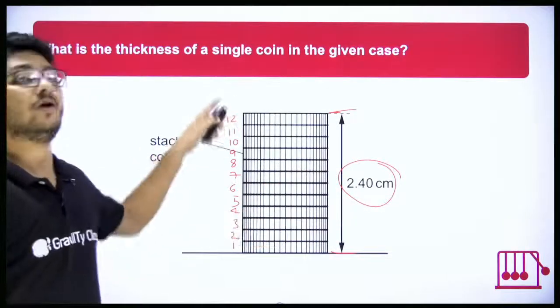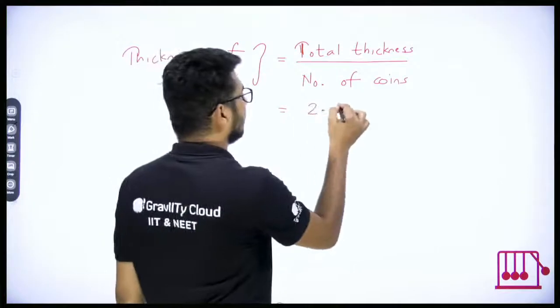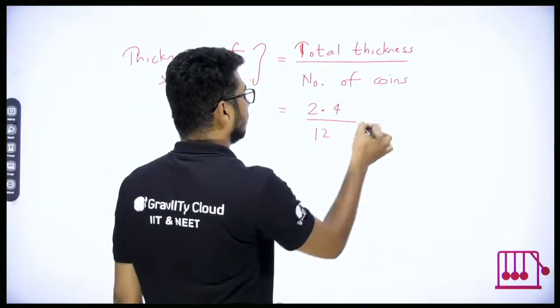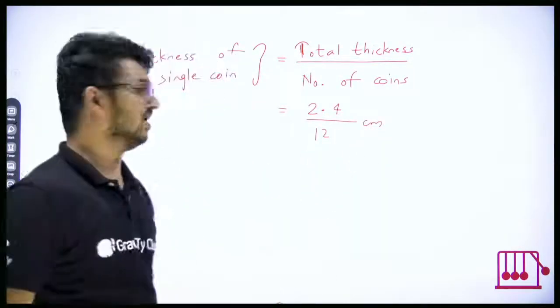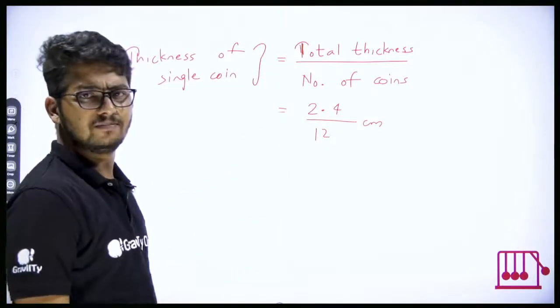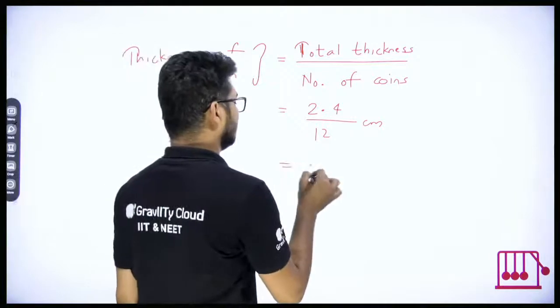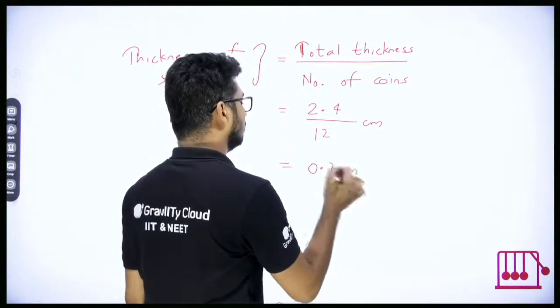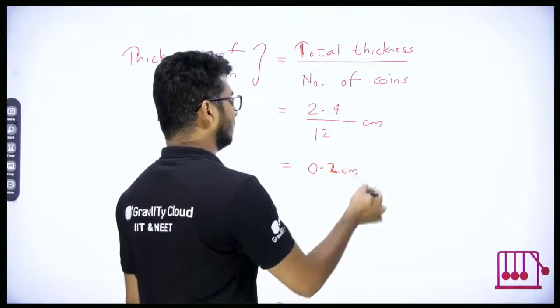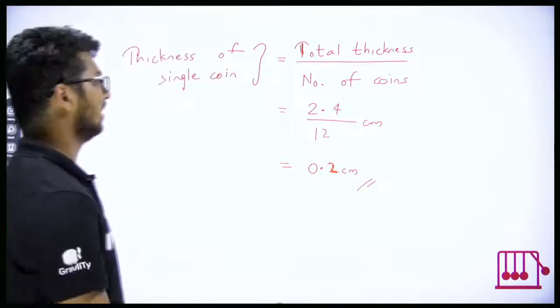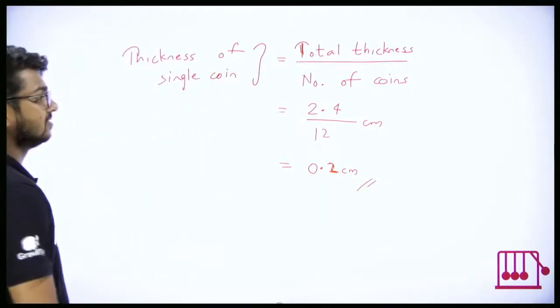What are the total number of coins? 12. So 2.4 centimeter upon 12. That's it. If you do the calculation, you'll get the answer as 0.2 centimeter. That's it. Yes?